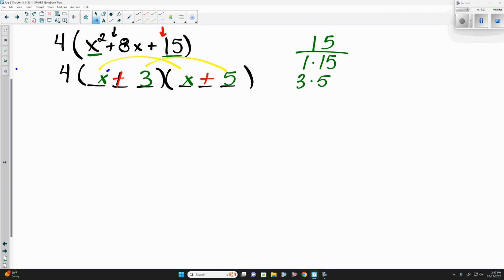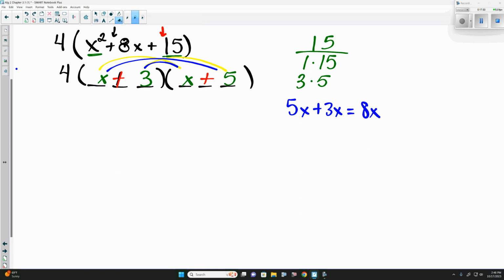The one that we do need to check is our X times 5, which is 5X. Now 3 times X would be plus 3X. Because I just wrote 5X because it is positive 5X. We don't necessarily have a number in front of it, so we don't need the plus symbol. But we will combine these like terms, 5X and 3X. Is that the middle term we wanted? So these here would be the correct factors.